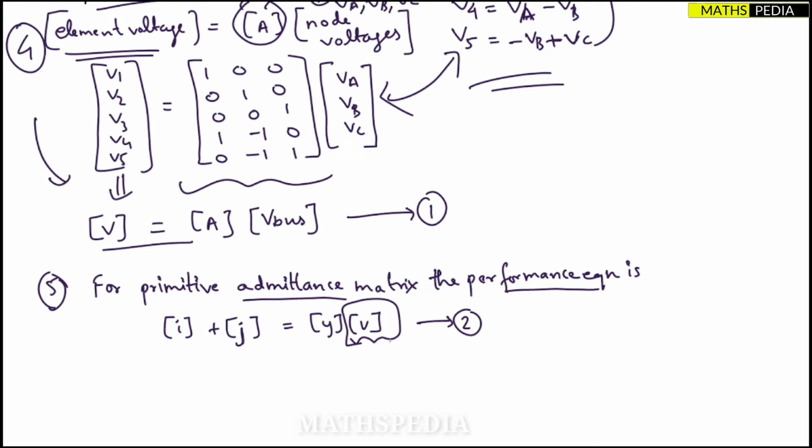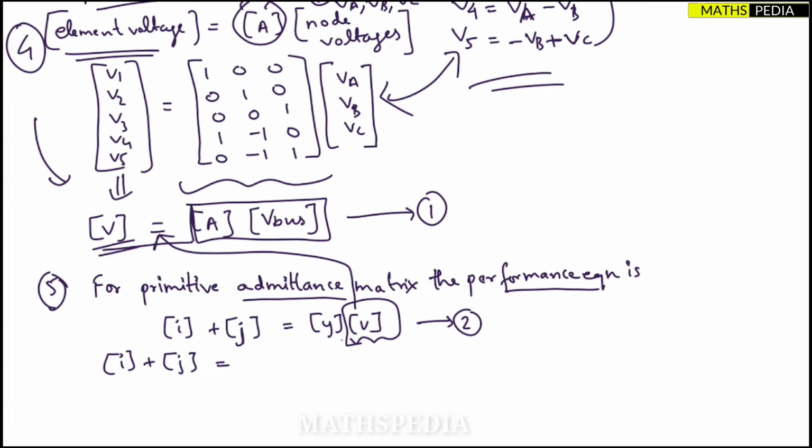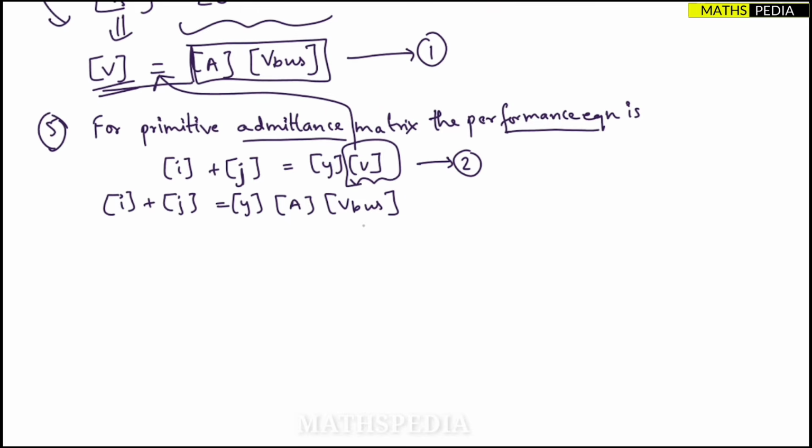This is nothing but the line voltages or element voltages, the same thing as over here. So I can replace this with V. So the equation becomes I plus J is equal to Y into A into V bus, correct? This will become the third equation.